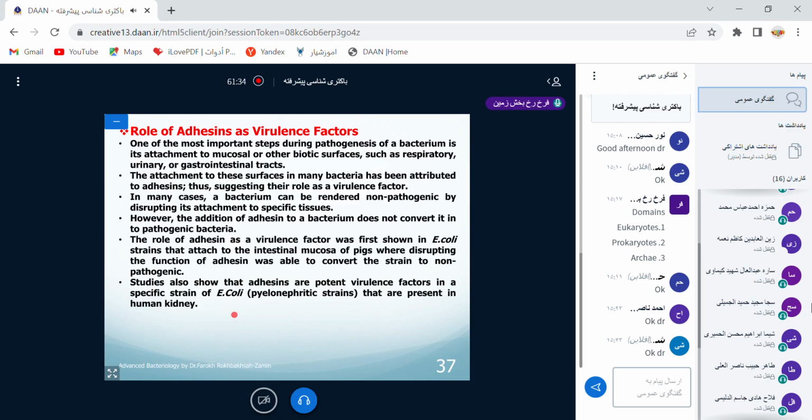And last page, we want to know the role of adhesins as virulence factors.